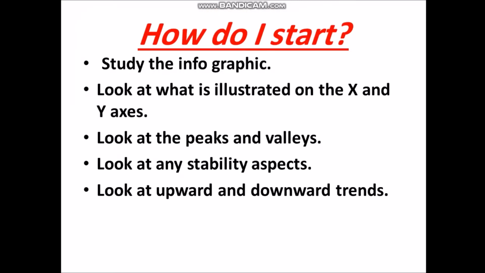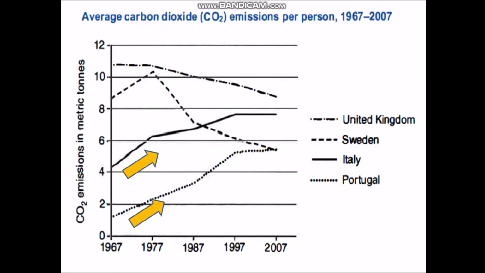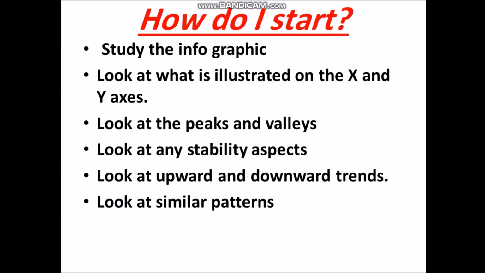We should also clarify the upward and downward trends. Here, both Italy and Portugal had upward trends, while United Kingdom had a falling one, similar to that of Sweden after 1977. Similar and clearly different patterns should also be grouped with one another.